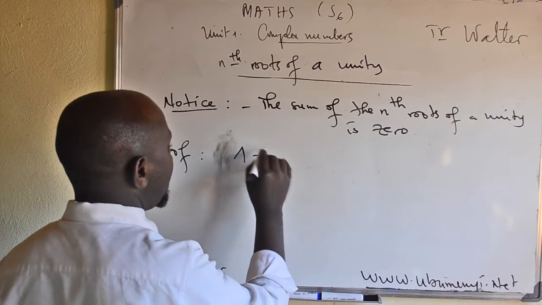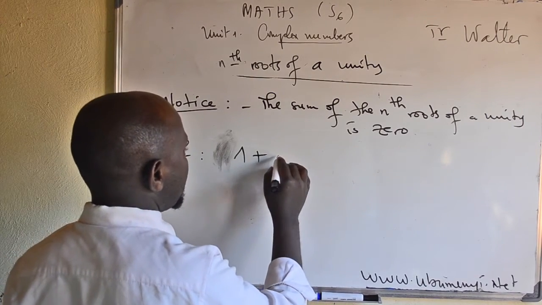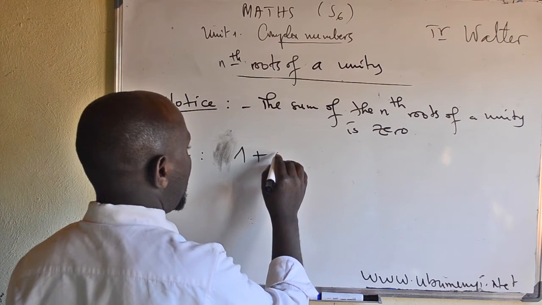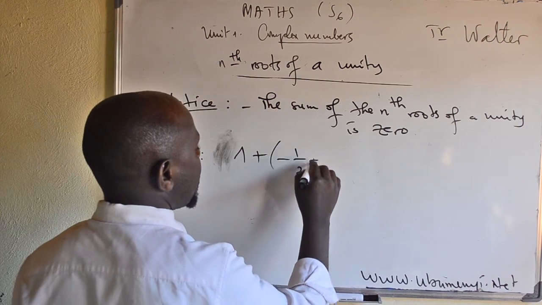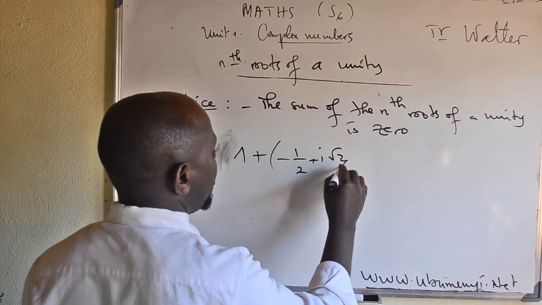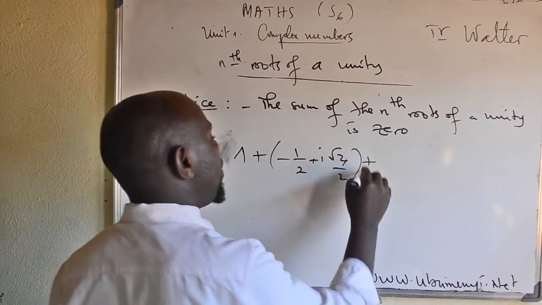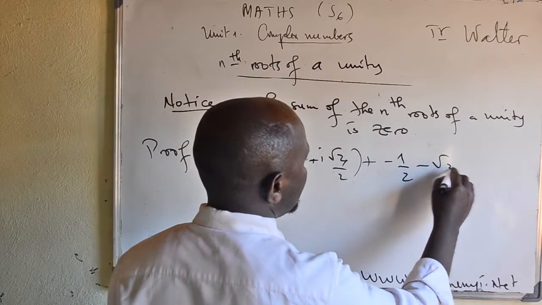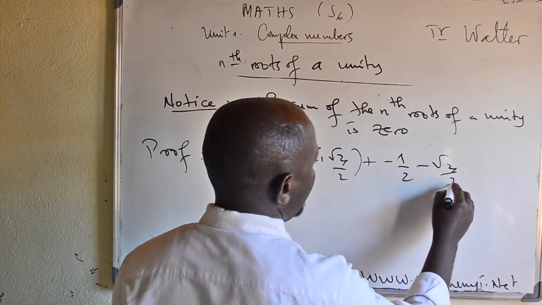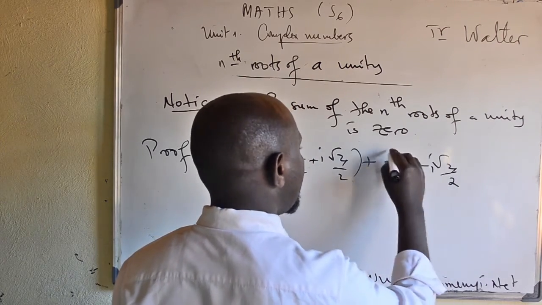We were having 1. The second one was negative 1/2 plus i√3/2. And the third one was negative 1/2 minus √3/2 i, ladies and gentlemen.